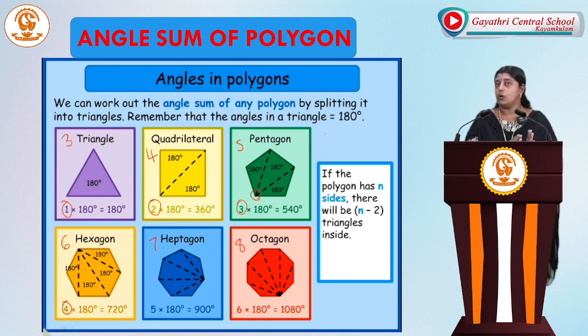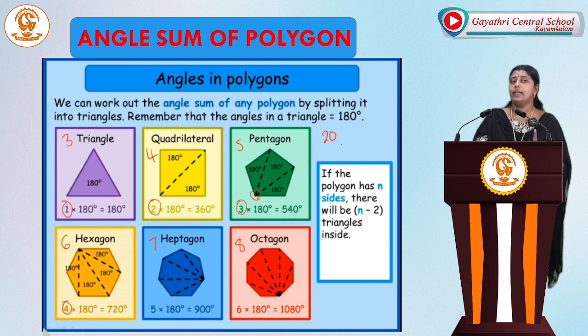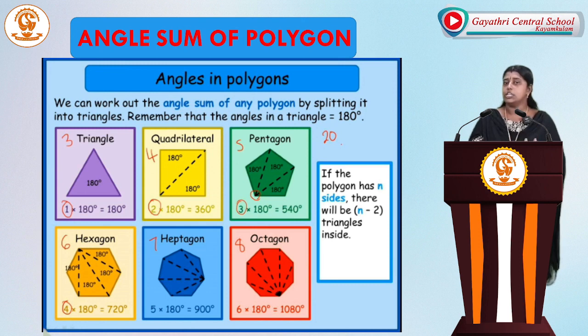If the polygon has n sides, then there will be n minus 2 triangles inside it. A polygon with n sides contains n minus 2 triangles.